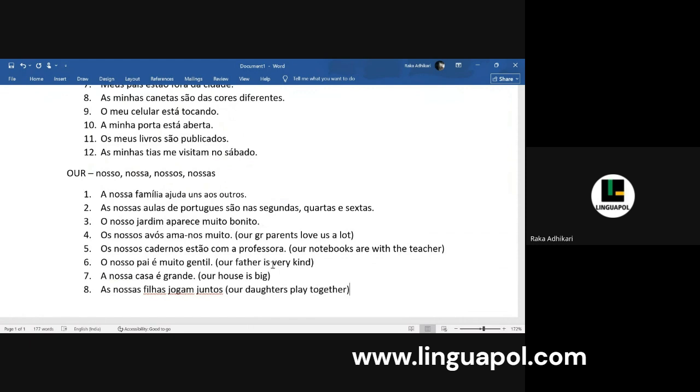Our daughters, okay? Filhas, our daughters play together. So these are some examples with nosso, nossa, nossos, nossas. Again, you can see that the gender and the number is actually dependent on the object. So let us quickly have one example with any one of these words. You can pick up any word and make an example.